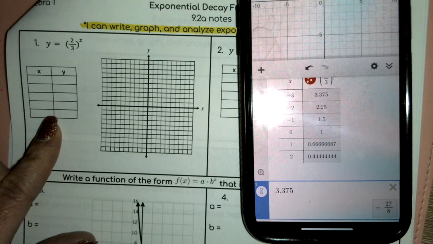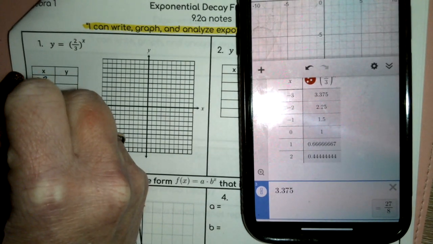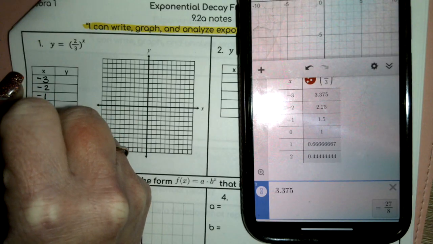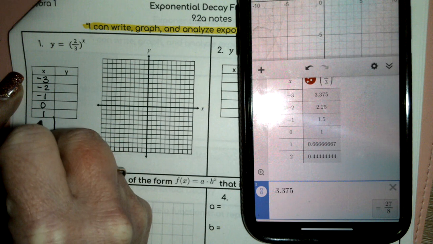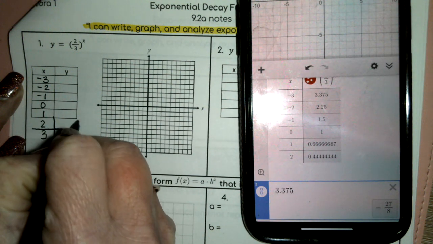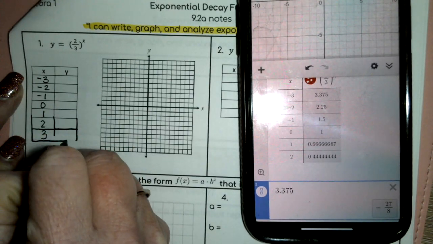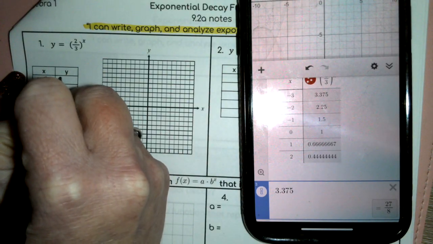So that's what we're going to write next to -3 in the X box. -3 goes in the X, then -2, -1, 0, 1. Let's expand this box to add 2 and 3, so that it looks like our homework. The first one's 27/8.